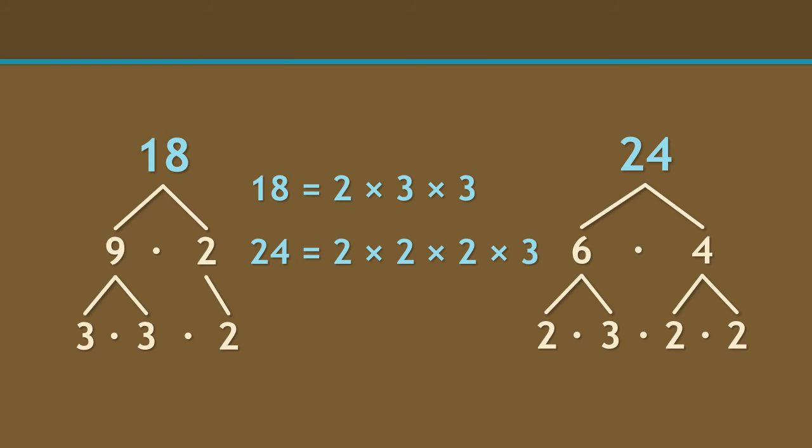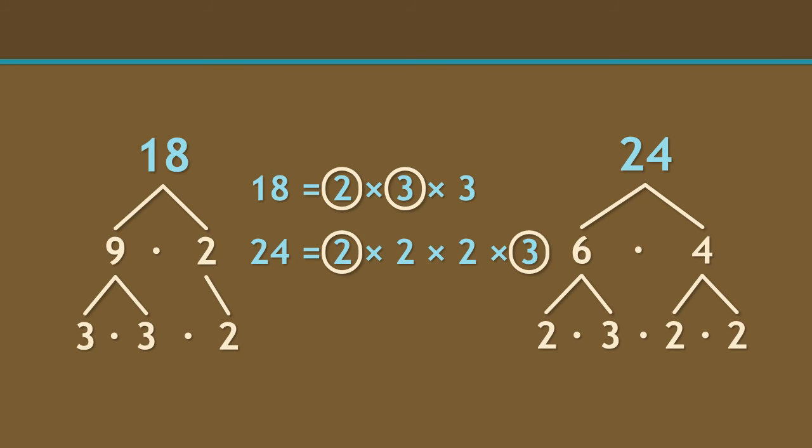The next step is we are going to take a look at all of our prime factors here, and we are going to find the common prime factors that we have. Our first common prime factor is the number 2. We also see that we have a common prime factor of 3.